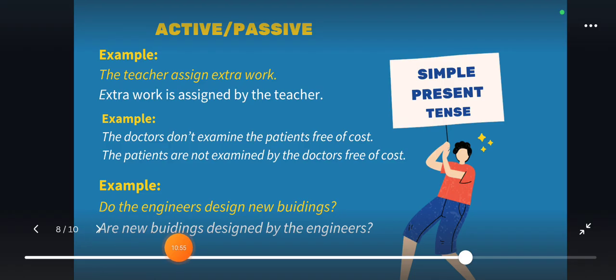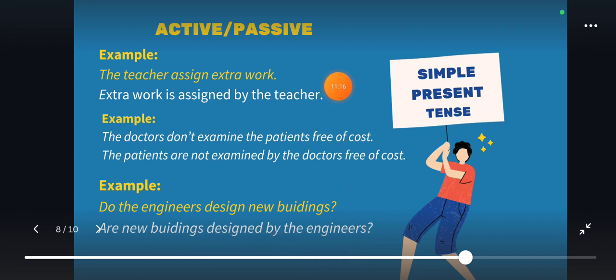Are new buildings, new buildings is the object, so write it as a subject now, then add third form of verb. So in interrogative sentences we have first helping verb, then subject, then third form of verb, then preposition by, and in the end the engineers, that is the object. Add question mark in the end.